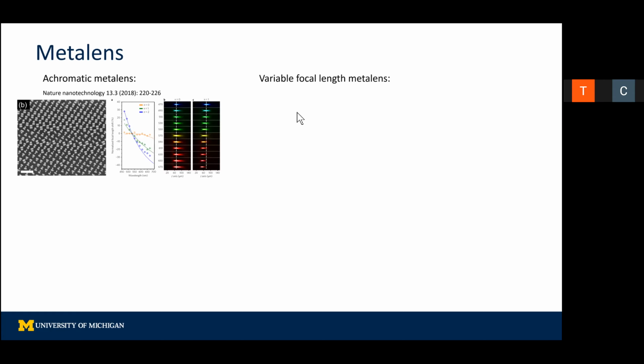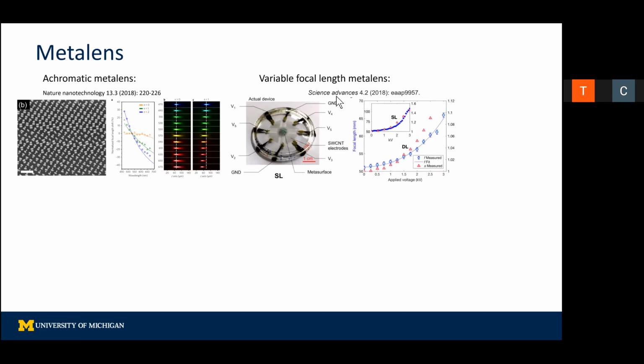Another thing you can do: if you have a camera, you will see that most cameras can change the focal length, right? We can also do this using a metalens. If you put these structures in some stretchable material and apply a voltage, by changing the voltage the focal length will change, and this can be realized for variable focal lengths.